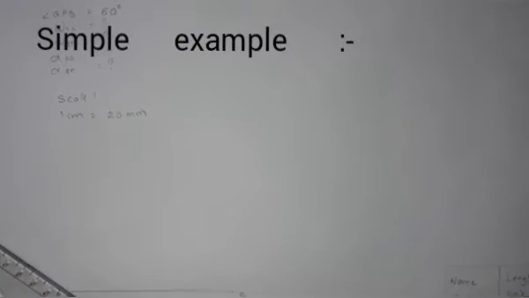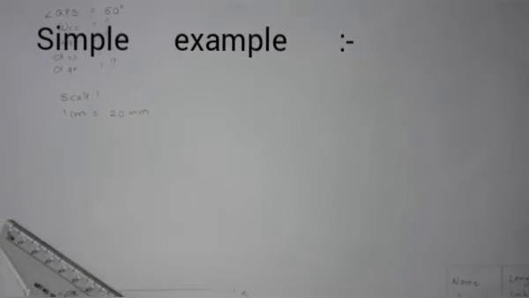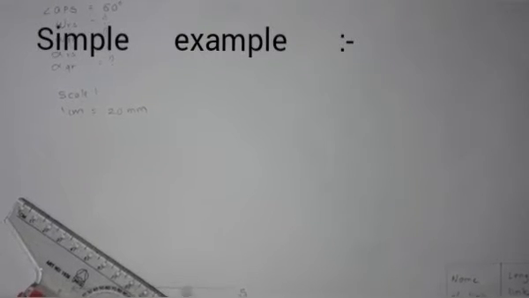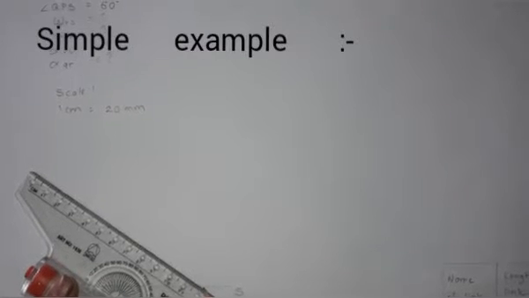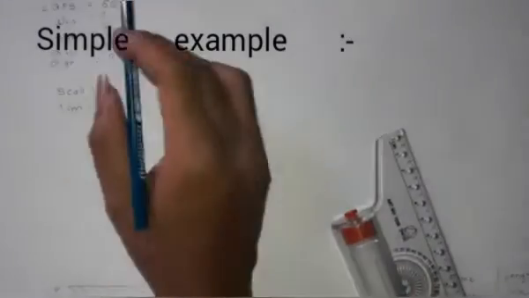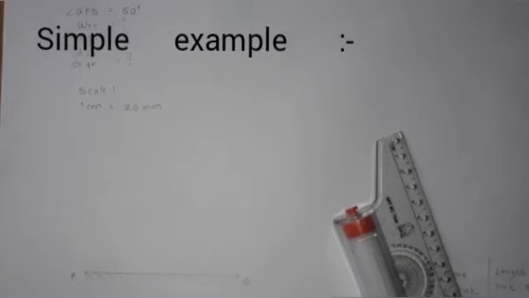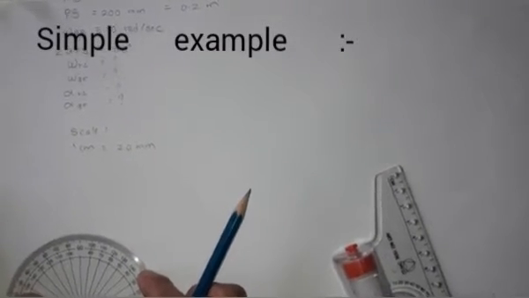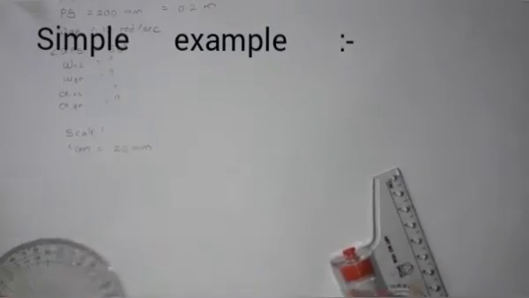Link PS is fixed. Then angle QPS is 60 degree. So we draw angle QPS 60 degree.